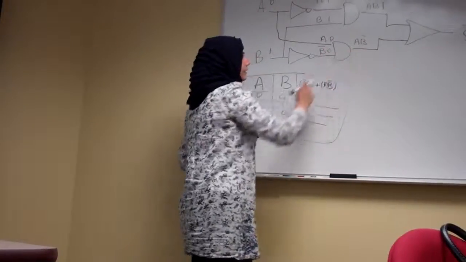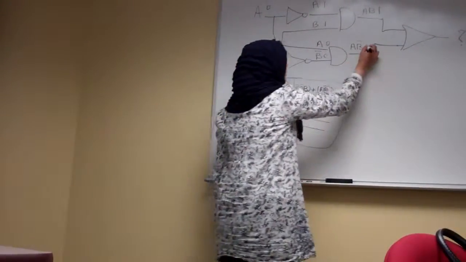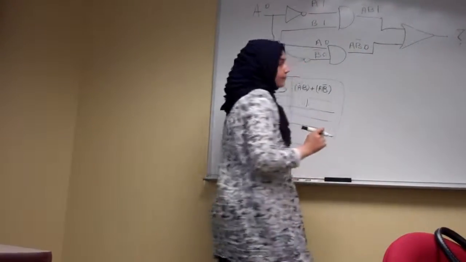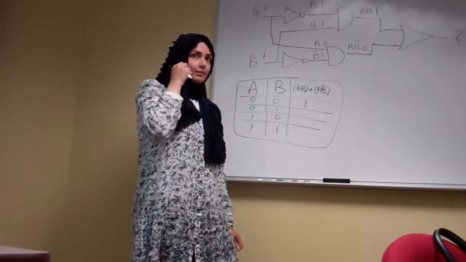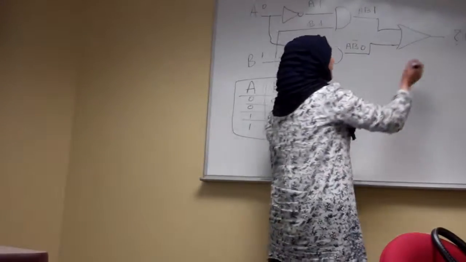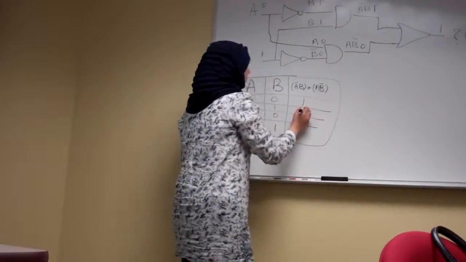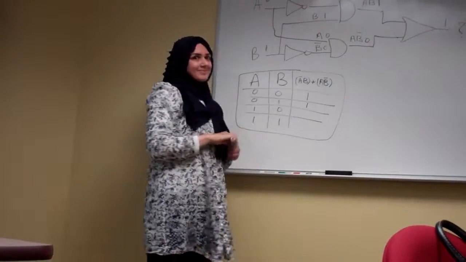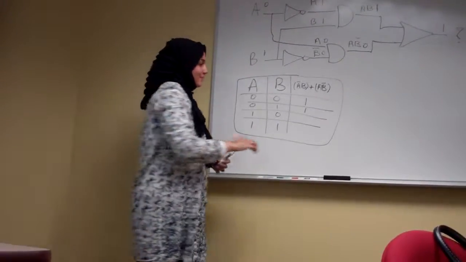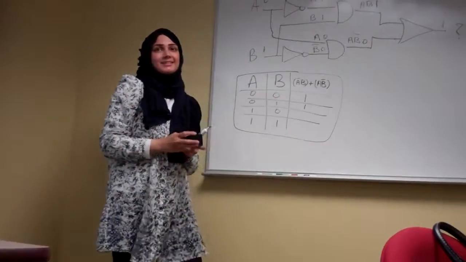And 0 and 0 in the AND gate, 0. What is the result of OR? 0, 1, so we will get 1. Okay. Does it make sense? Yeah.